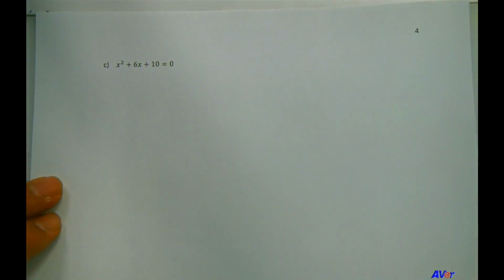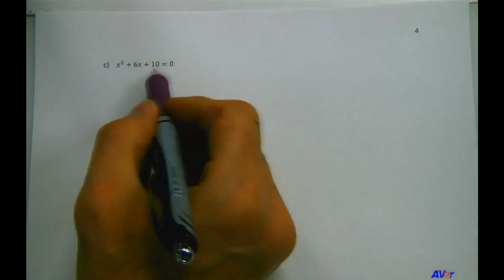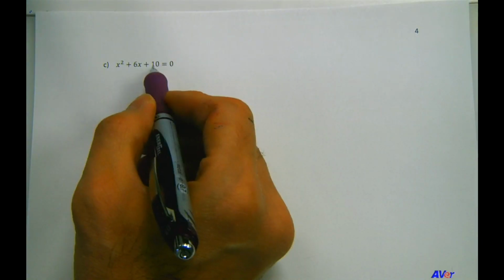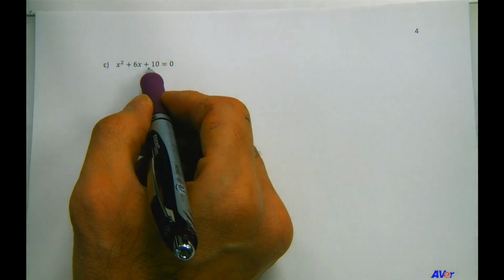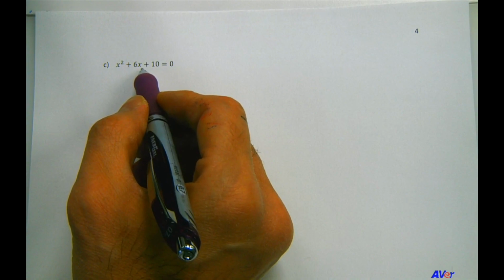Okay. So here we have another quadratic equation. Can we factor this? I don't see how. Because what two numbers would multiply to 10 and add up to 6? Nothing, right? 10 and 1, they multiply to 10, but do they add up in any way to 6? 10 minus 1 is 9. 10 plus 1 is 11.